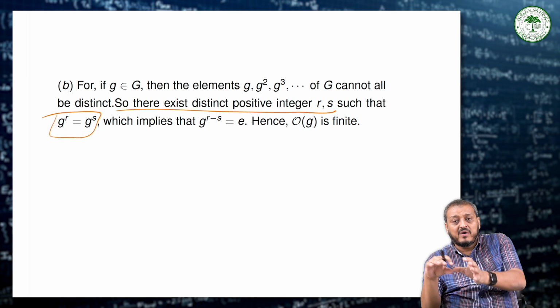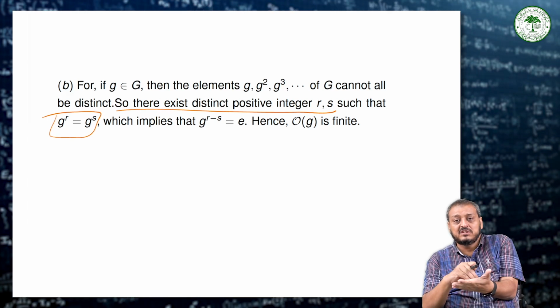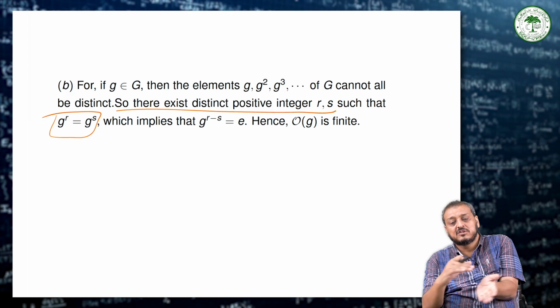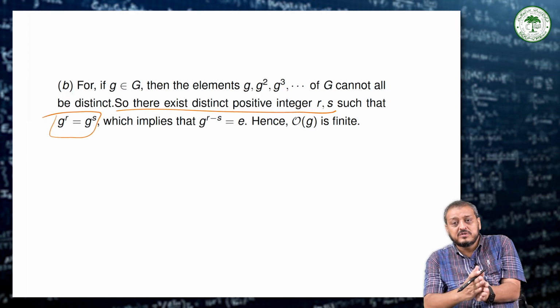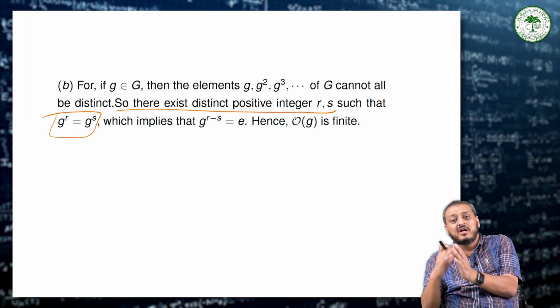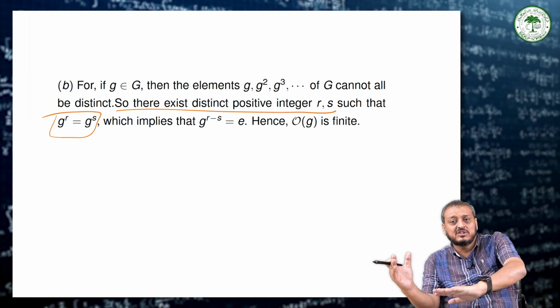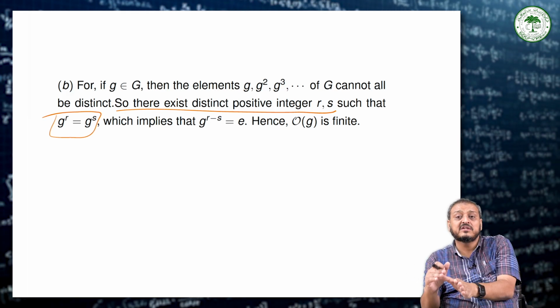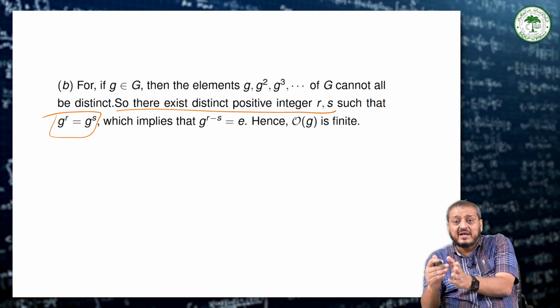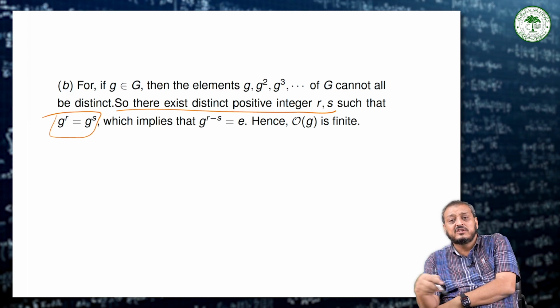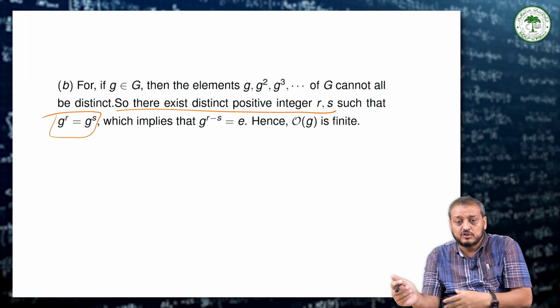By the closure property, g squared can be written as g times g, which also belongs to G. Similarly, because the group is finite, these powers of g terminate at some point where they are equal. So there exist positive integers r and s such that g to the power r is equal to g to the power s.